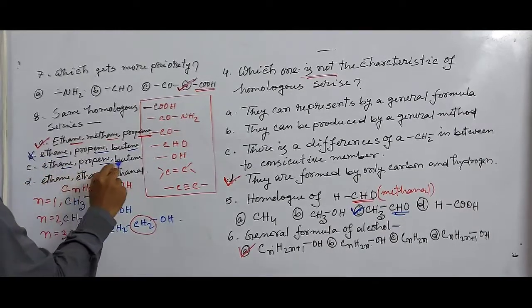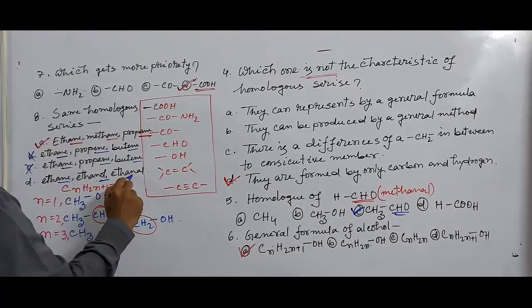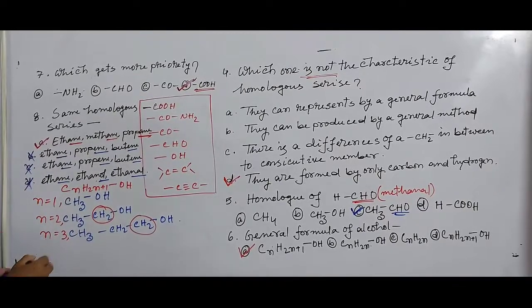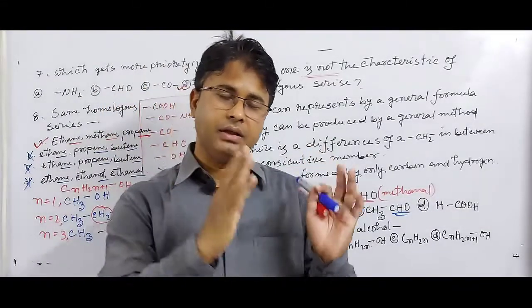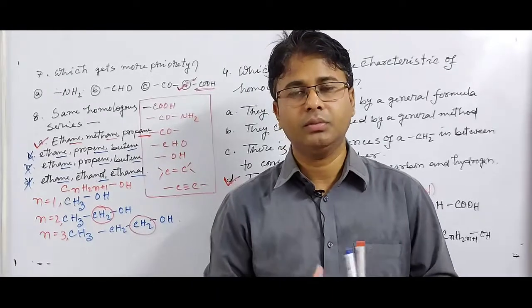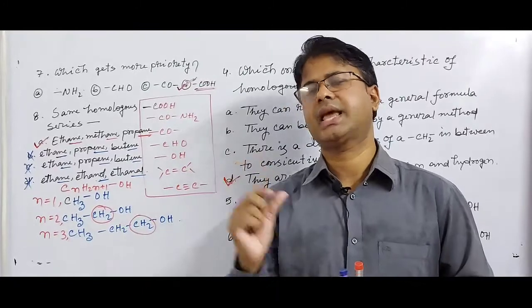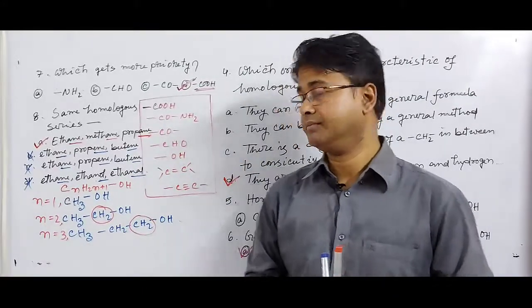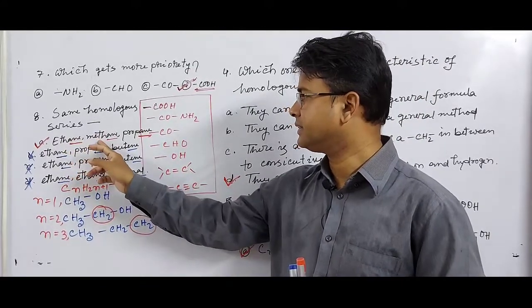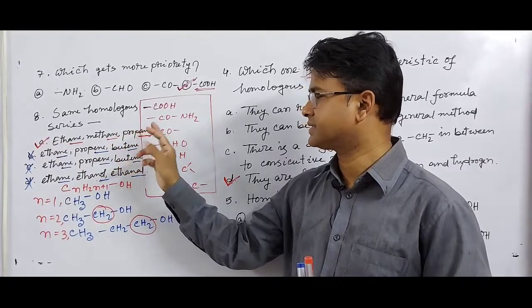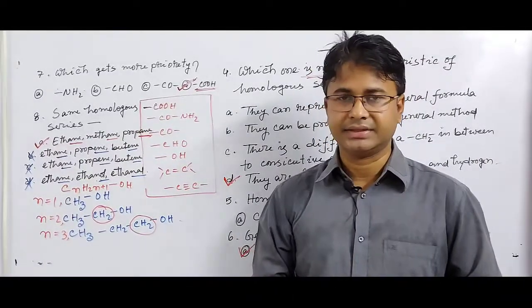Ethane, in, it will also not be the answer. In, all, nil, so it will not be the answer either. The homologues of the same homologous series contain the same suffix in their name. That's why here ethane, the suffix is ane, methane, the suffix is ane, and propane, the suffix is also ane. So dear students, option A is correct here.